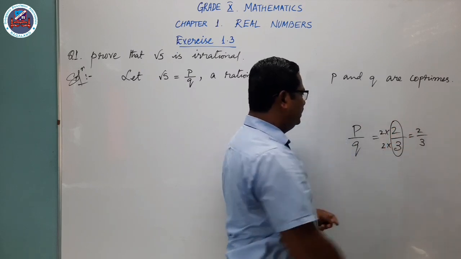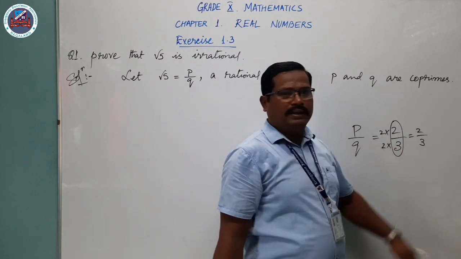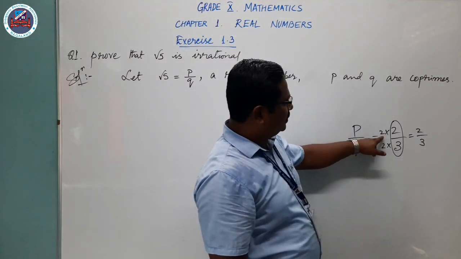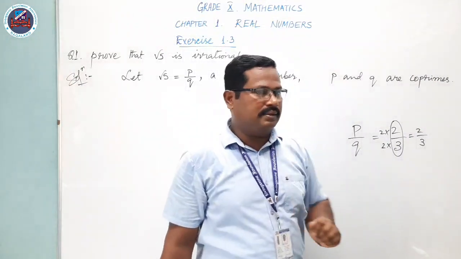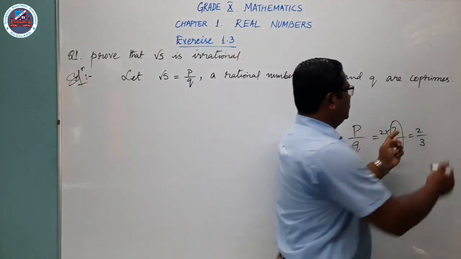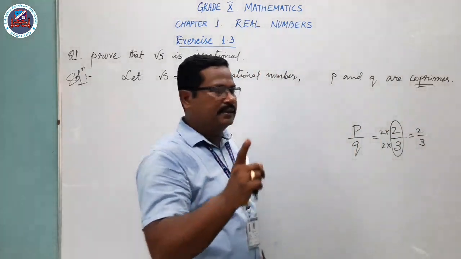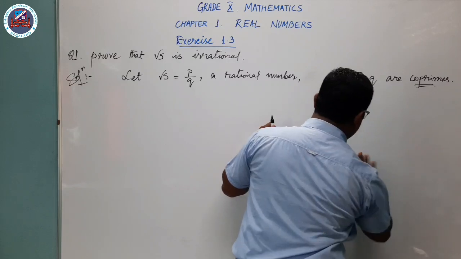So they cannot have other common factors, but they can have the common factor 1. That we call co-primes. If the HCF of both numbers is 1, then we call them co-primes.